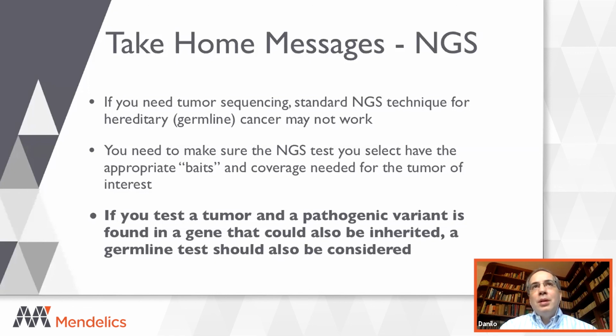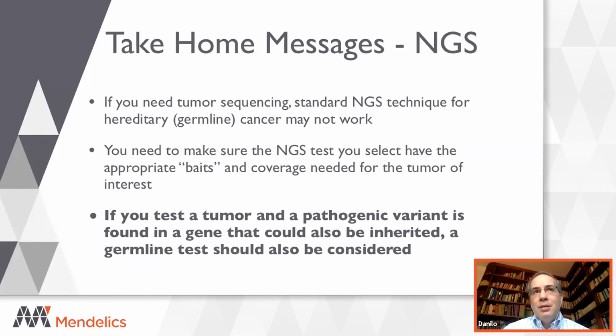You need to make sure that the NGS tests you select have the appropriate baits and coverage needed for the tumor of interest. So if you want to test hematology, you need a test that will have TP53, that will have RUNX, that will have the genes associated with hematological malignancies.